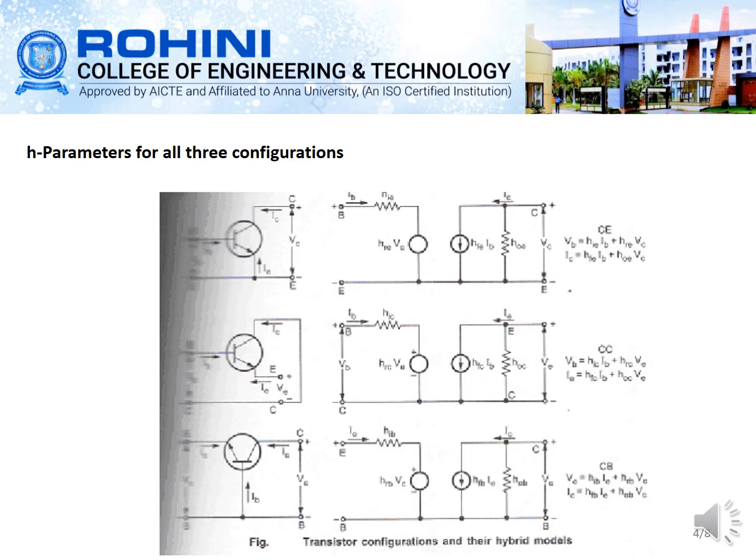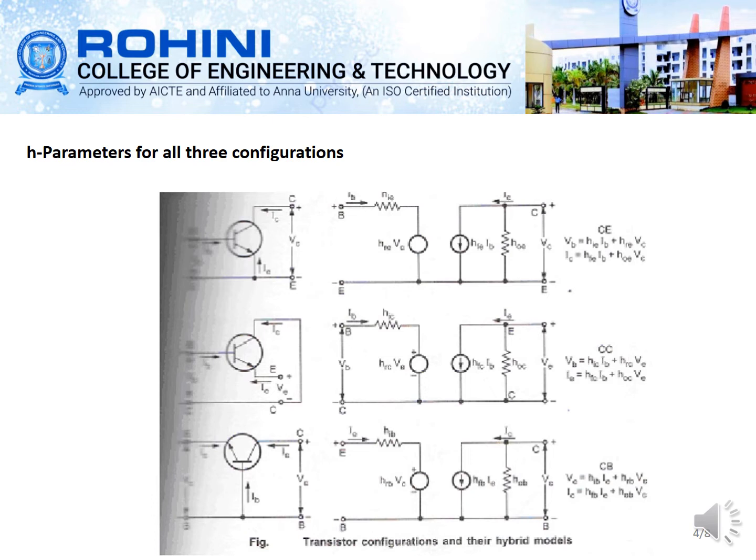To draw the hybrid model of this CE configuration, you take the base emitter region. This base emitter region will be open circuited, and the current will be flowing through this terminal. Here we know it is hre and this current direction is hfe. Based on that we give the current sources, and the output is the collector voltage.